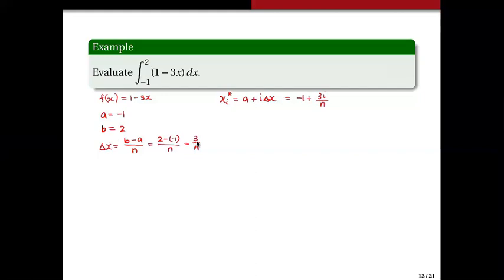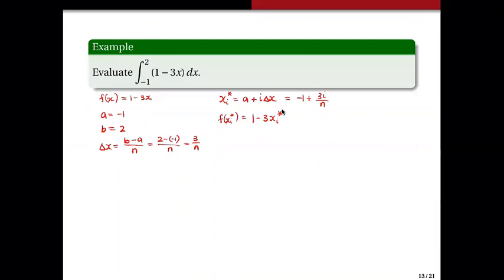Now let's also write f of xi star. You replace your x by xi star, so this will be 1 minus 3 xi star.